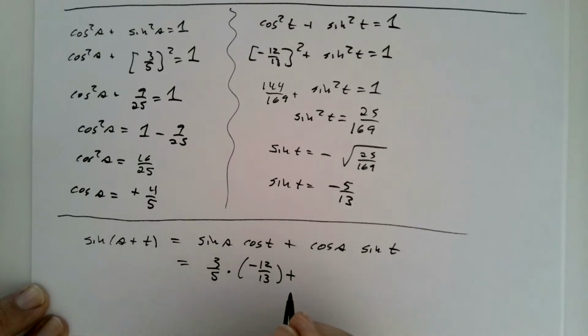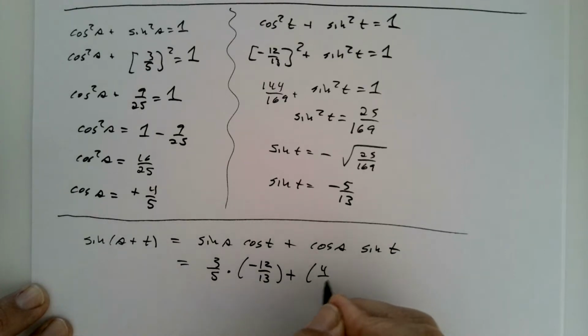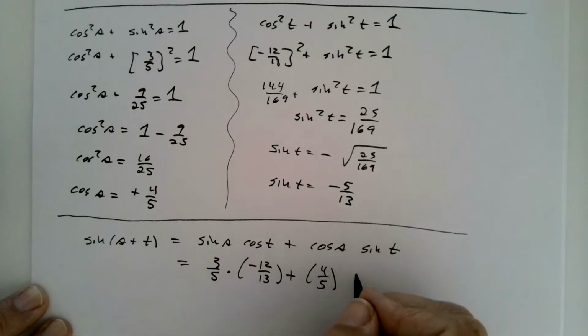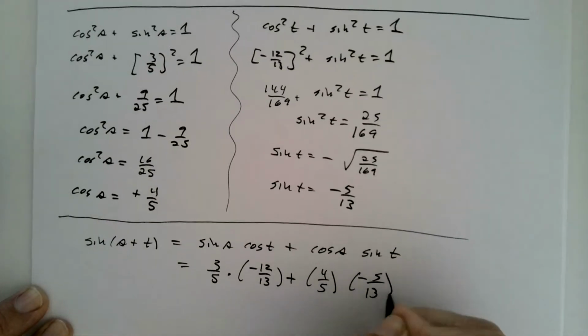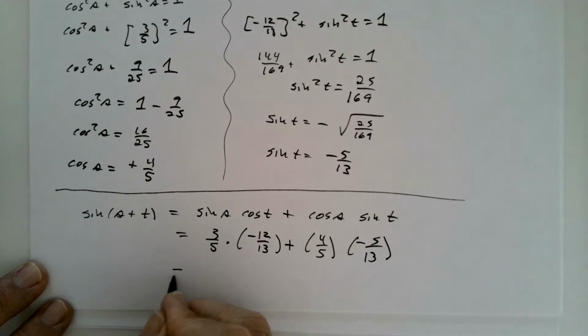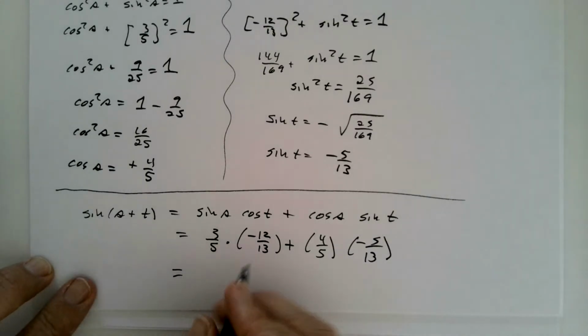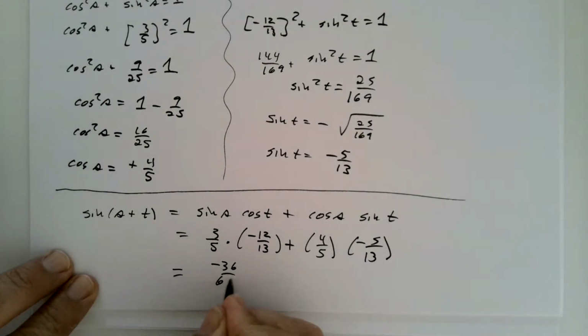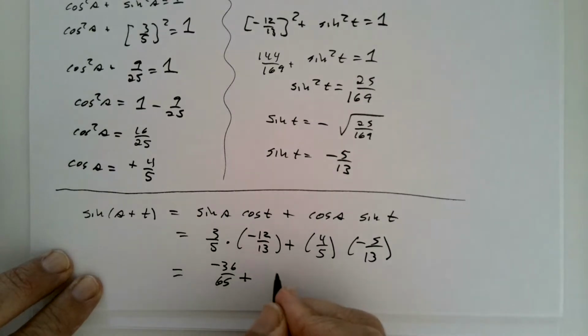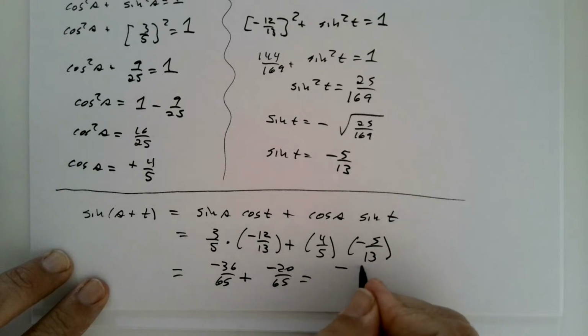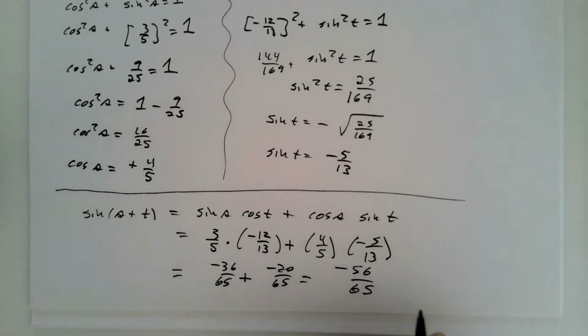Plus cos S, which is positive 4/5, times sine t, which is negative 5/13, which gives us negative 36/65 plus negative 20/65, which will give us negative 56/65.